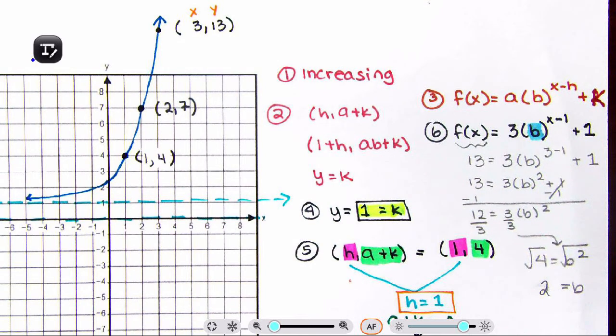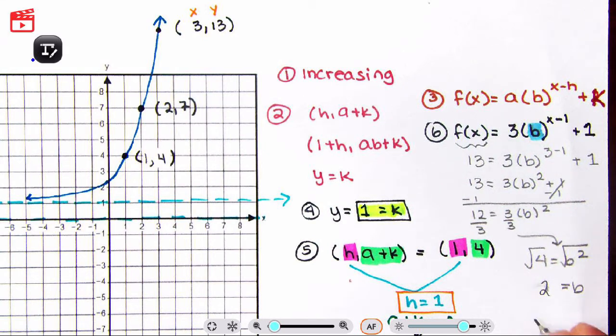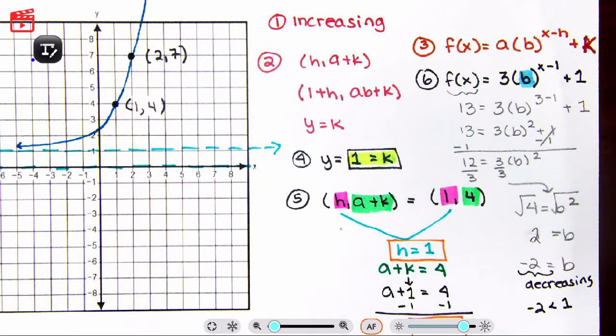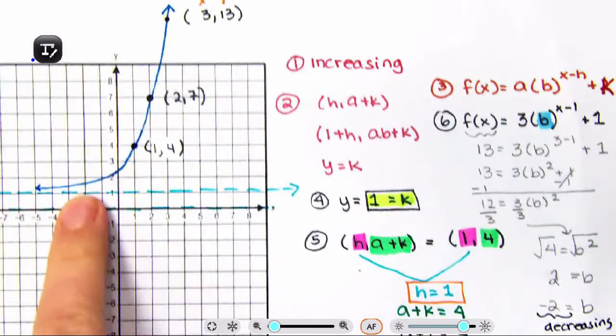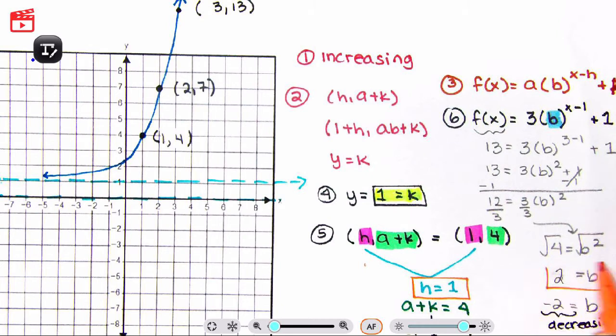So we don't have that. It's going to be a positive 2 because we are increasing. Also, we can't have a -2 because this would be decreasing, because -2 is smaller than 1. Anytime you have a b value smaller than 1, you have a decreasing function. But we can physically see that this is going up, up, up. So now we have b is 2.